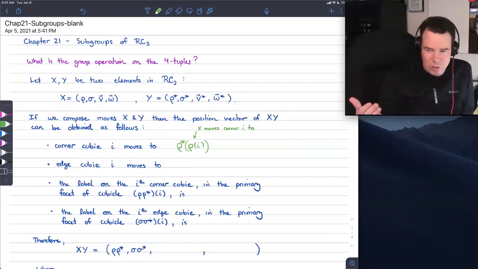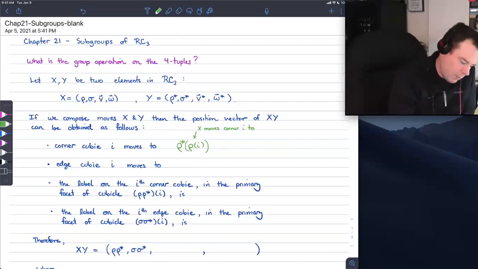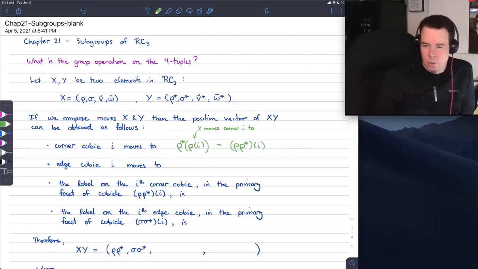The first permutation takes I to row I. The second permutation takes it to row star of row I. And so what we get is that, if we think about the way we do our composition, this is going to be row first, and then row star. We read this from left to right. So this is row star of I.